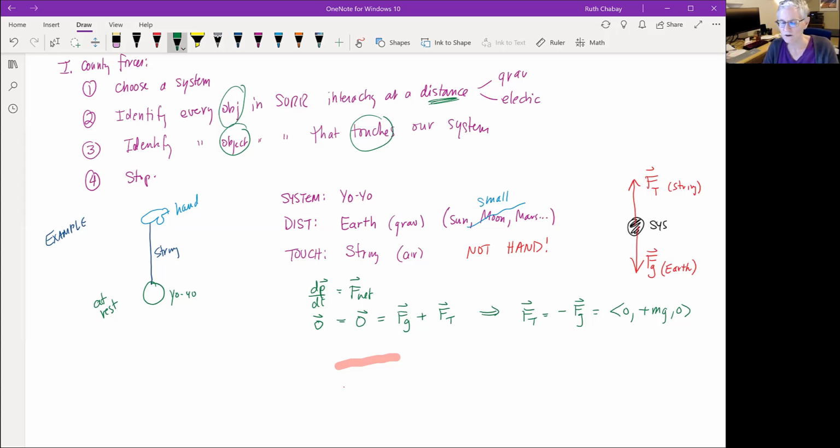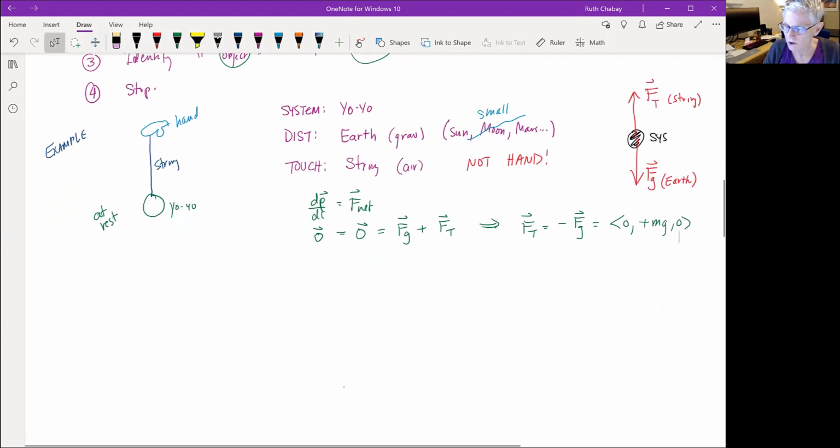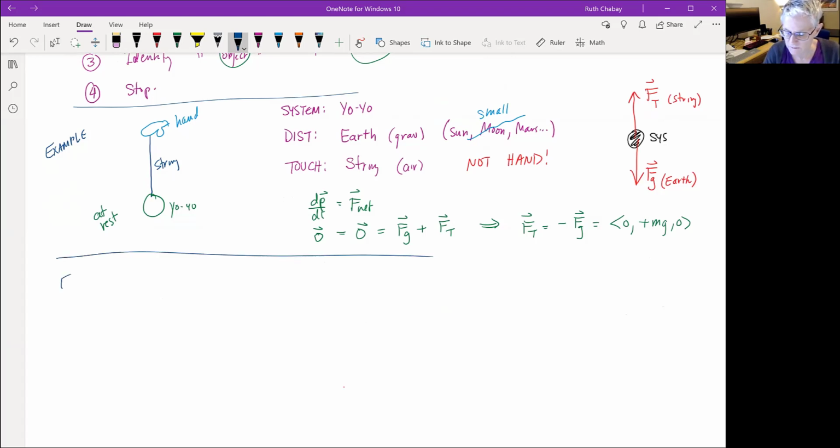Now notice the key point is that we didn't choose the hand as part of the system. We could have chosen a different system here. We could have chosen the same physical set of objects, but we could have chosen the system as the yo-yo plus the string.